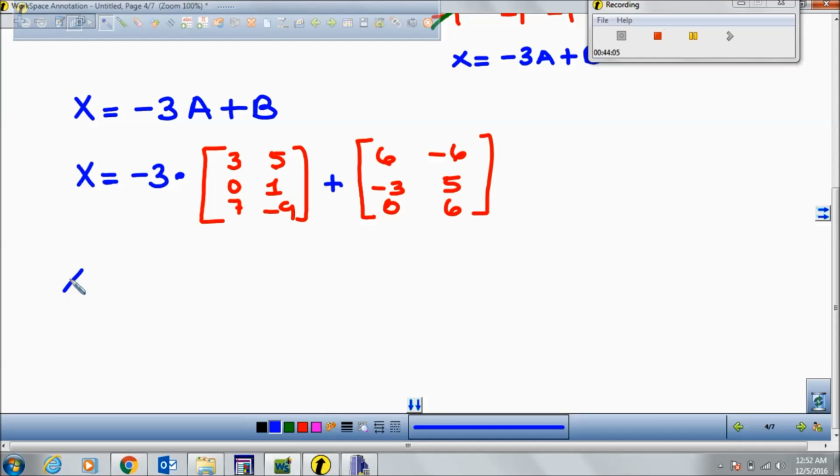So you're going to multiply every value in matrix A times a negative 3 first.